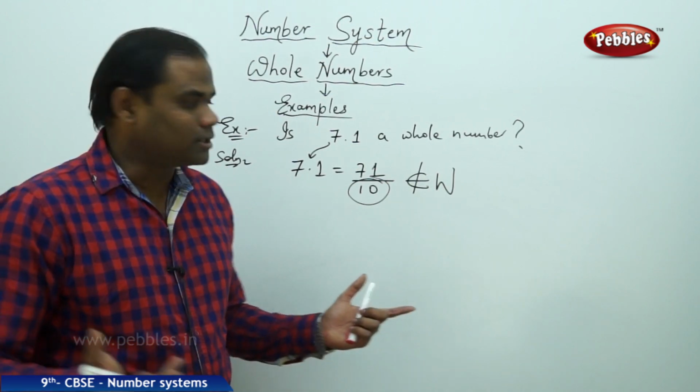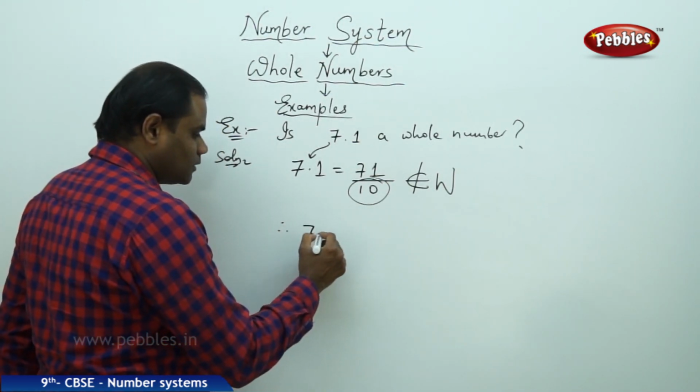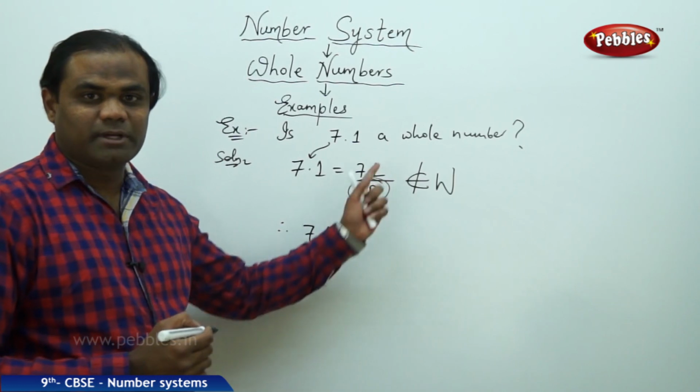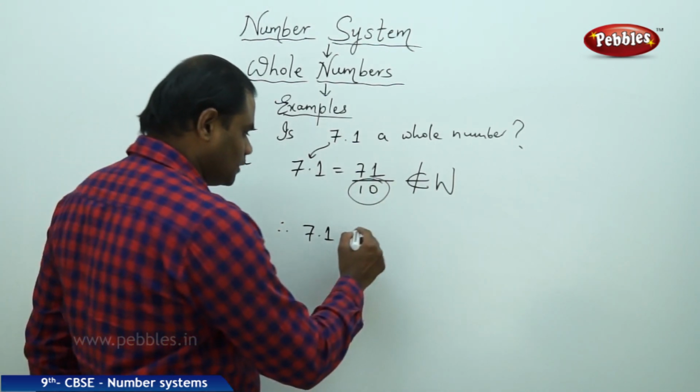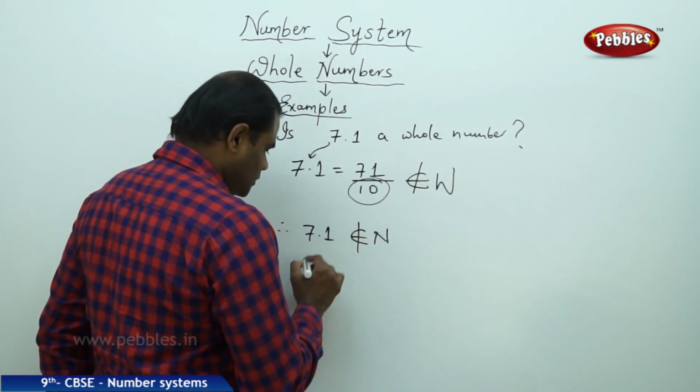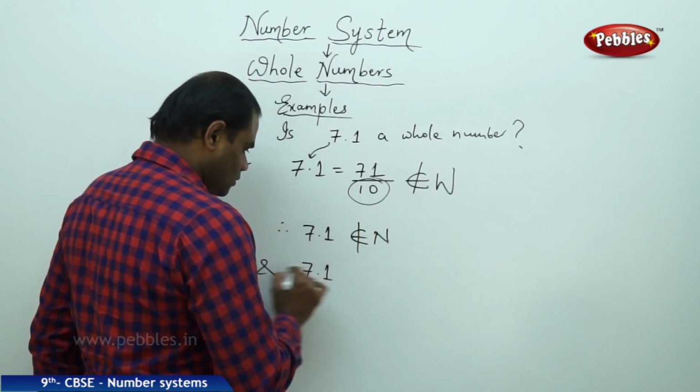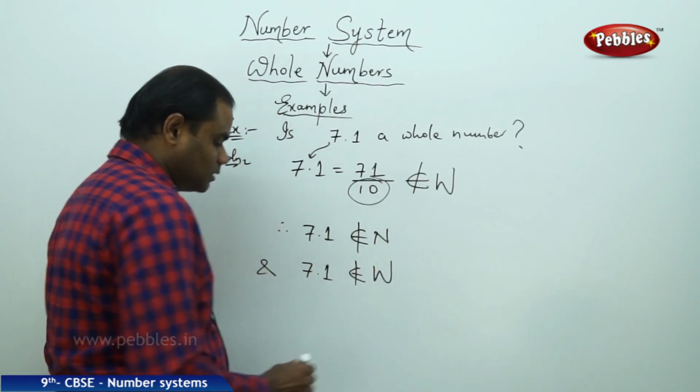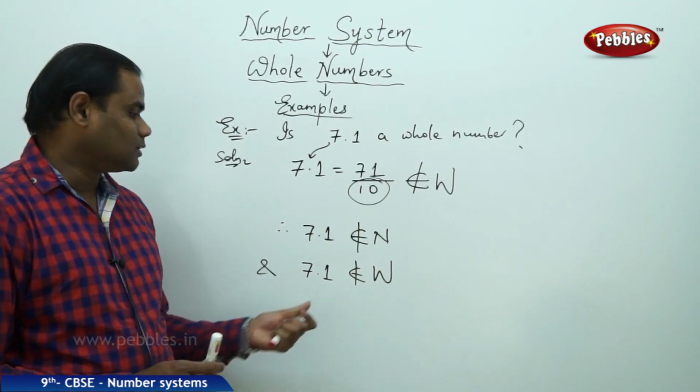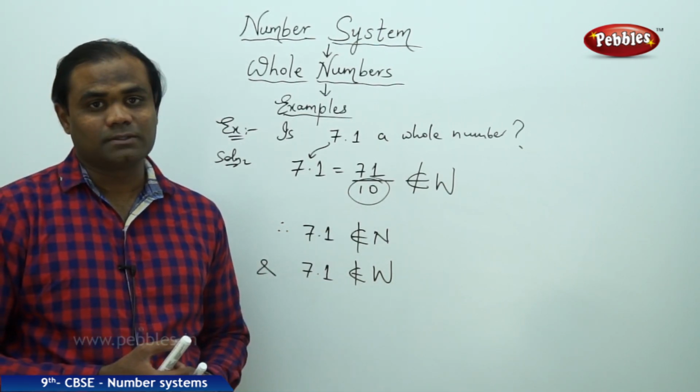It is also not a natural number. Therefore, 7.1, expressed in fraction form, cannot be a natural number, and equally it cannot be a whole number.